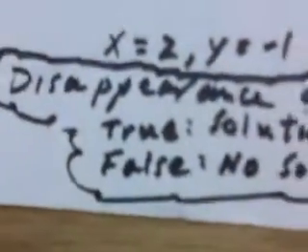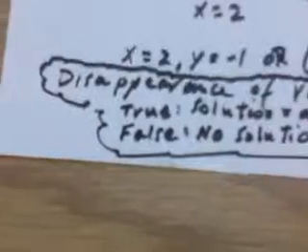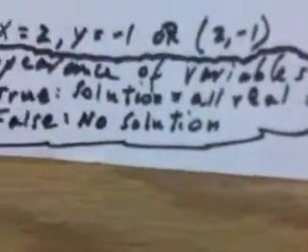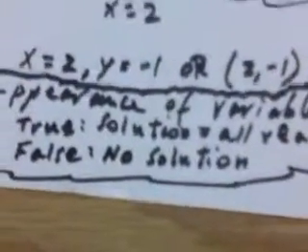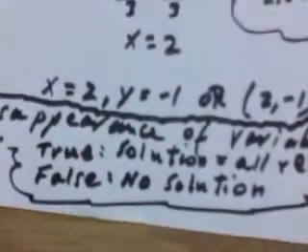Now, there's one other thing you have to look out for. You have to look out for disappearing variables. We call that the disappearance of the variables. If you're trying to solve a system and the variables disappear, you have to look at your statement and ask yourself, is it true or false?